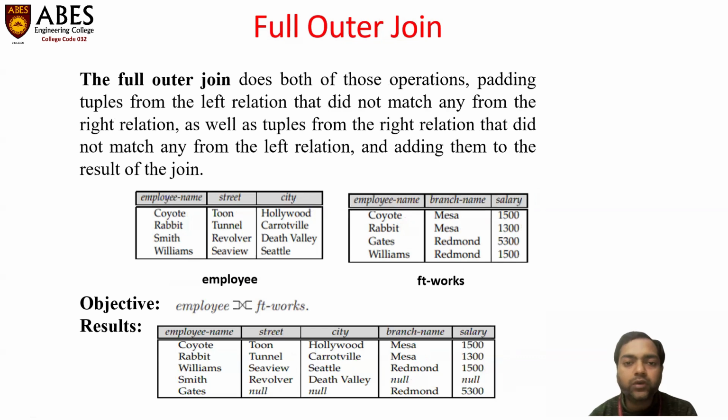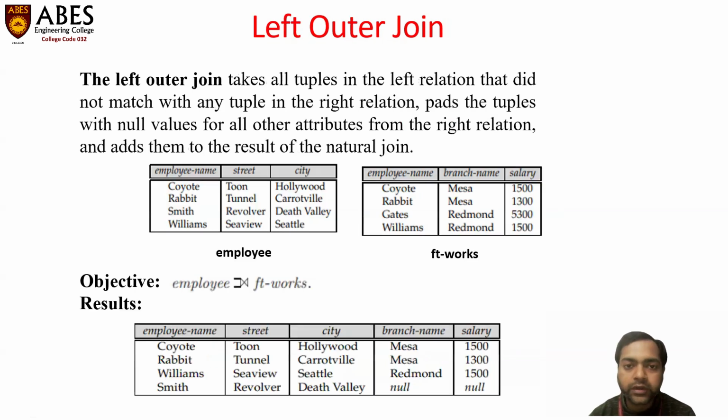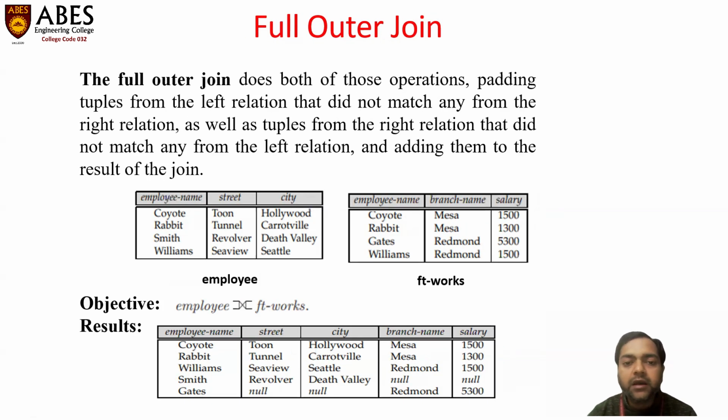Now next we have full outer join. As we mentioned in the previous cases, when we combine the left outer join and right outer join, we get the full outer join. What does it mean? Whenever we apply full outer join, first of all we use natural join to identify the matching tuples, and then we identify, in both relations, those tuples that do not have any match tuple, and those are also included in the resultant relation.